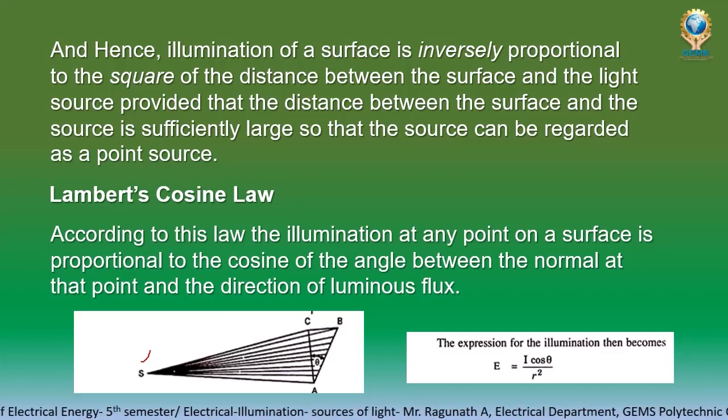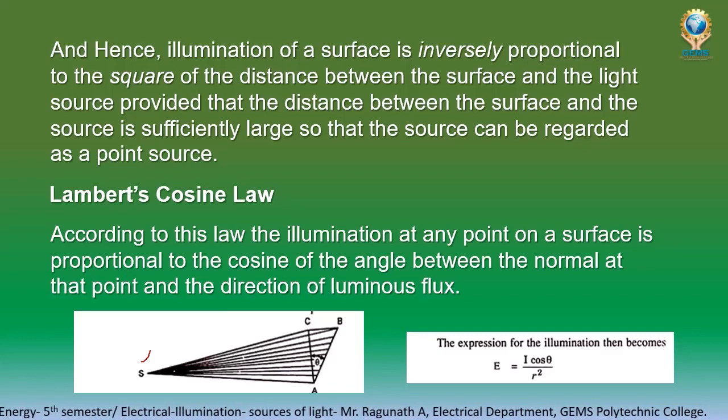Root 3 by 2. What is the root 3 by 2 value? It will be 0.866. After that 1 by root 2, 45 degrees, that will be 0.707. It is again decreasing. At cos 90 it is 0.